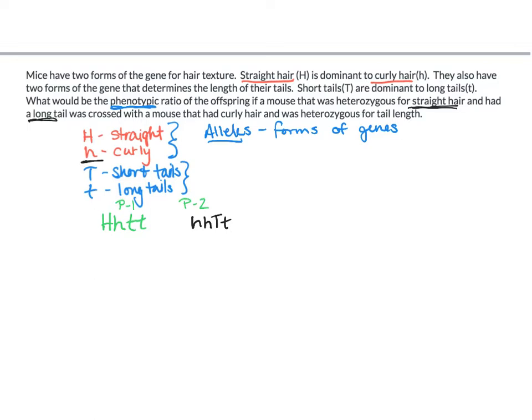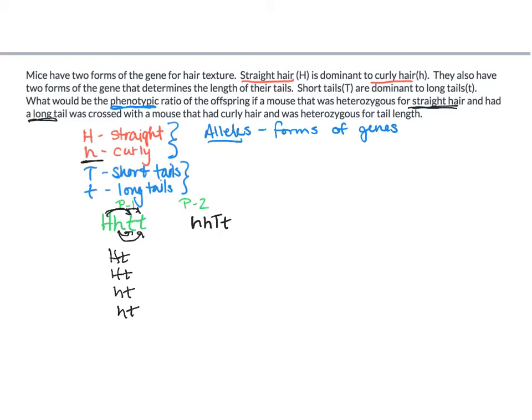So how many combinations do we have here? We can pair big H with little t and big H with little t. Here we have a little h with little t and little h with little t. So we really only have, so if we wrote those out, H t, H t, H t, H t.